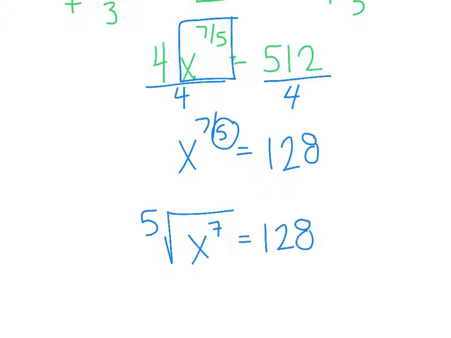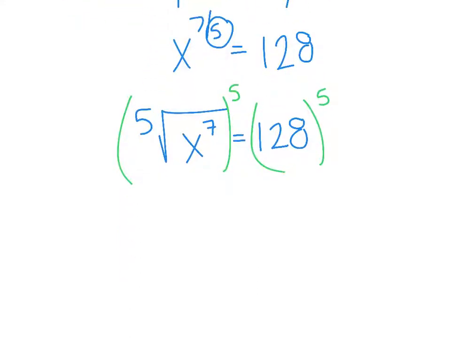Okay, so again, if it was a square root, I would square both sides. It's a 5th root. I'm going to raise both sides to the 5th power. Now, I'm not going to really do that. I'm just going to write it that way. So I get x to the 7th, the 5th root and 5th are inverses, they cancel each other out, equals 128 to the 5th power.